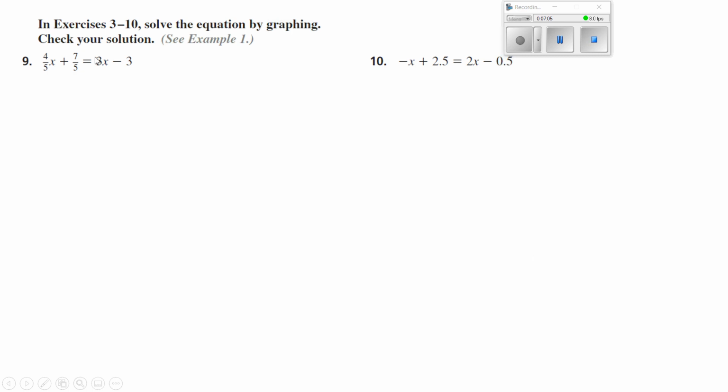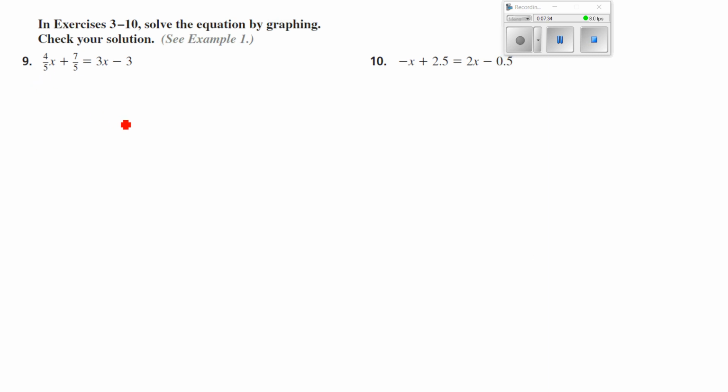Solve the equation by graphing. Check your work. All right, if I was to go ahead and graph this one, 3x minus 3 is really easy. But this one is not so easy. If I have 4 over 5x plus 7 over 5, remember, this is going to be y equals that.